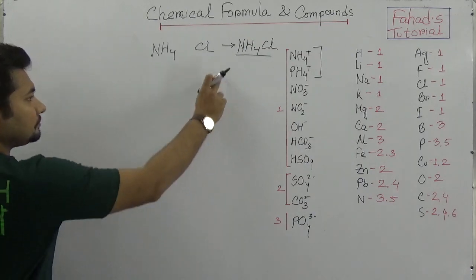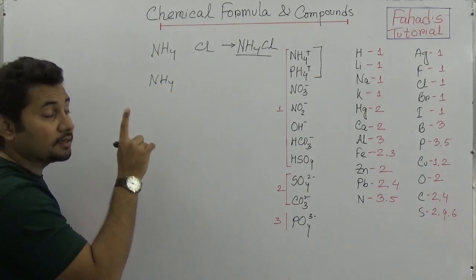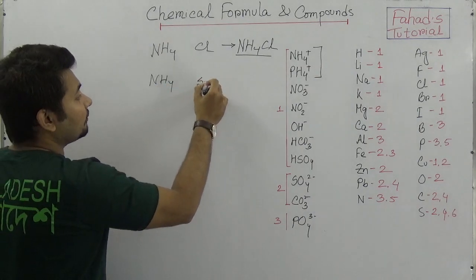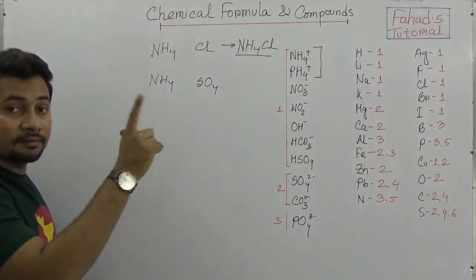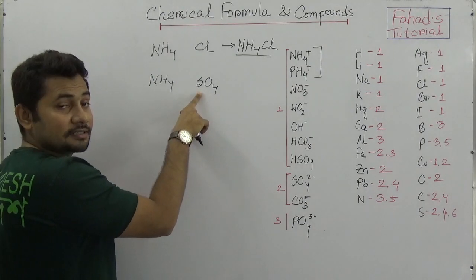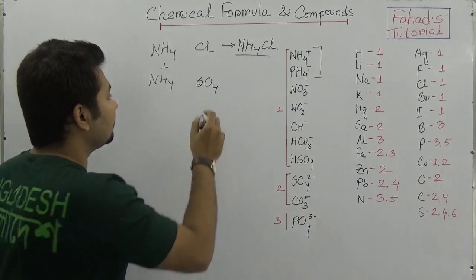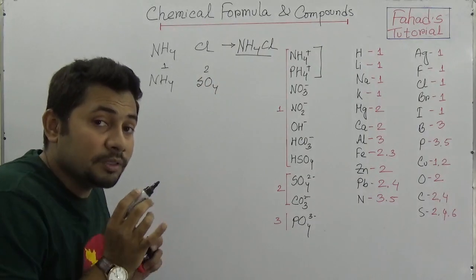And even if I say that this ammonium is adding with sulfate, two radicals can be added together. So if ammonium and sulfate, then you see that the valency of ammonium is 1 and the valency of sulfate is 2. Now what will happen?